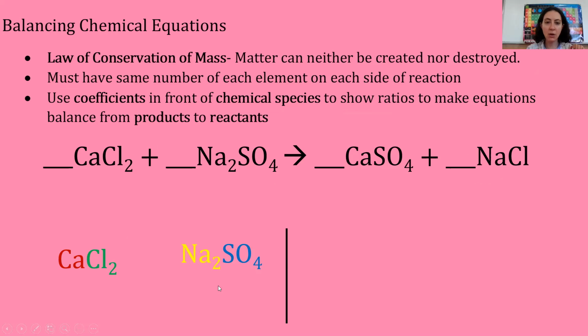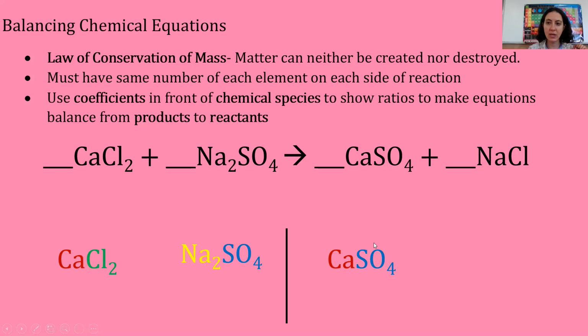Doesn't really matter. It will work either way. These are the reactants. On the product side, we've got 1 calcium and 1 sulfate, or 1 sulfur and 4 oxygens. So far this seems balanced. It seems like they're the same on both sides. So 1 calcium, 1 calcium, 1 sulfur, 1 sulfur, 4 oxygens, 4 oxygens.